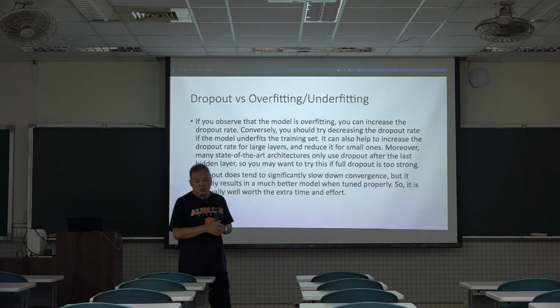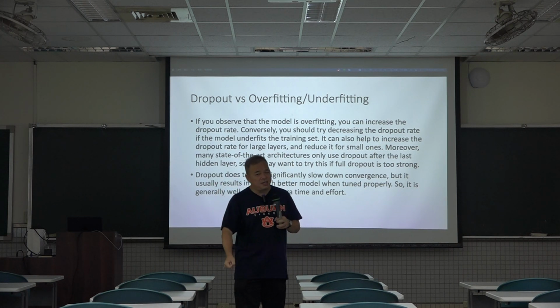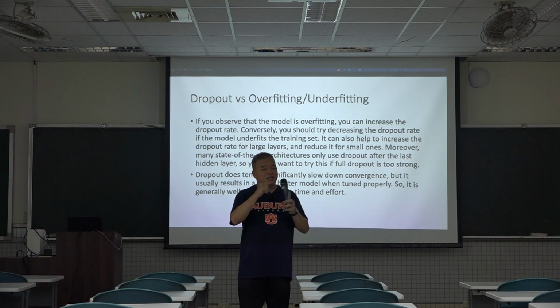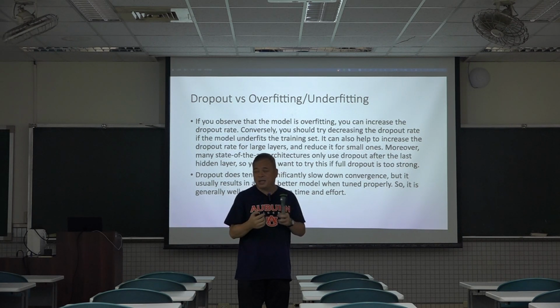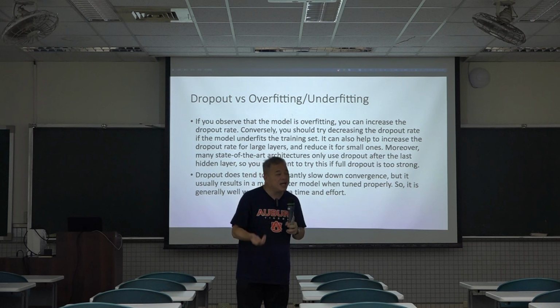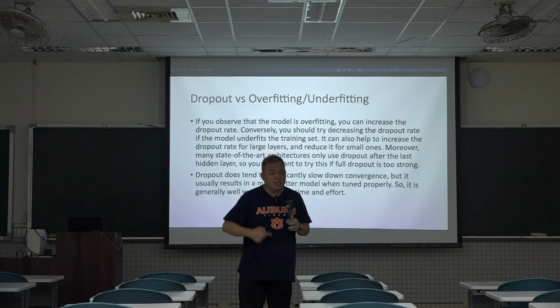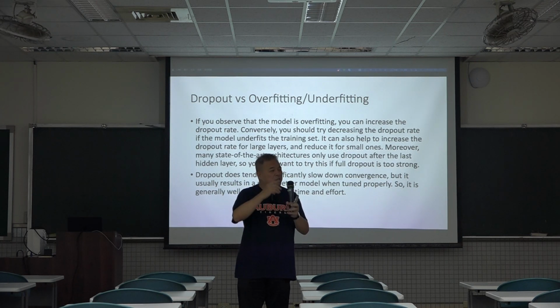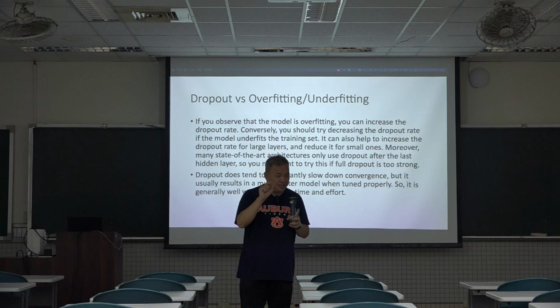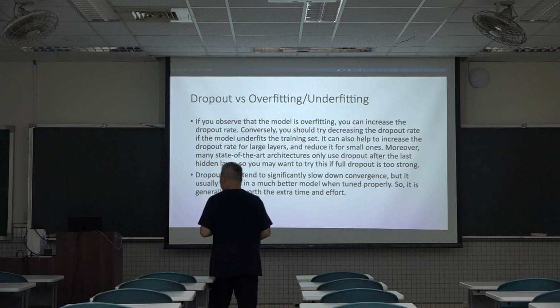Because every neuron has to generate a random number to decide whether to participate in this training iteration or not, right? So it takes time. The time for each iteration will increase slightly, so obviously it will slow down the training.